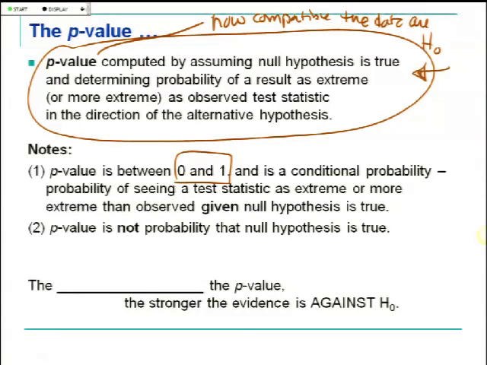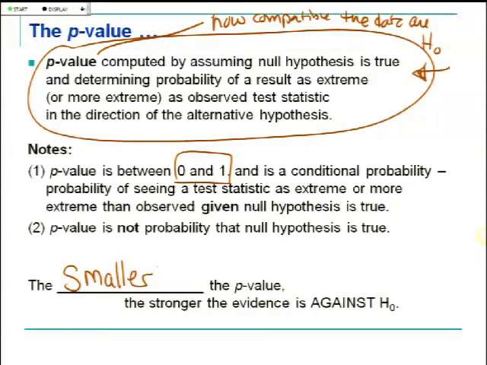And what we have to decide is what kind of values will tell us to stay with H0 versus reject. If the data is likely under H0, you stay with H0. So if the p-value is big, you stay with H0. If the p-value that we calculate is very small, the smaller it is, the more evidence against H0 and in favor of your alternative.